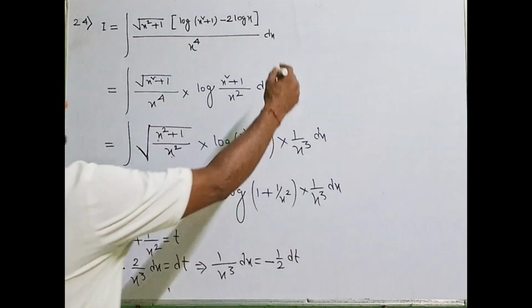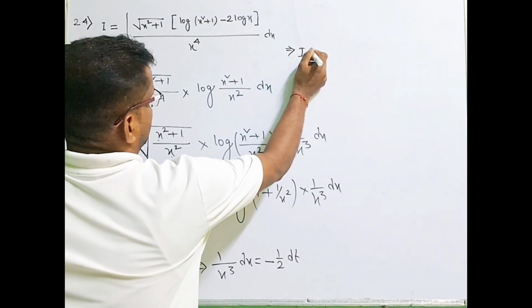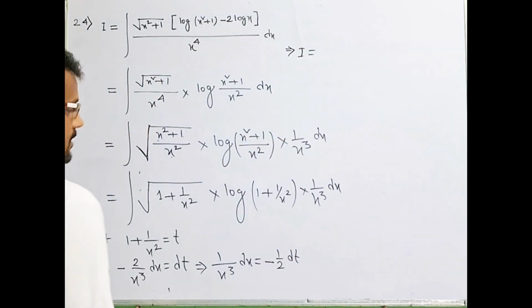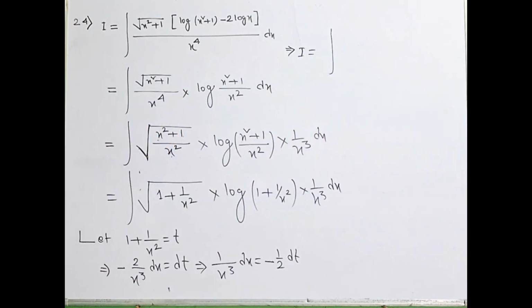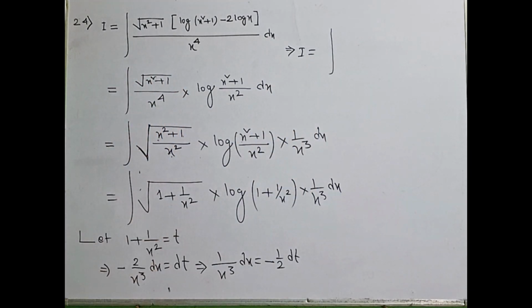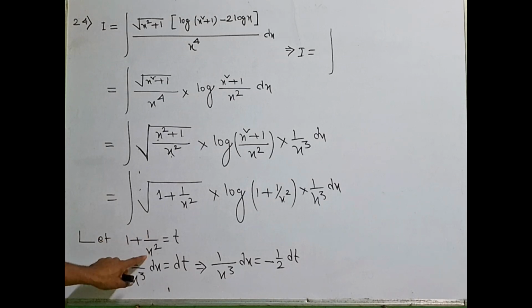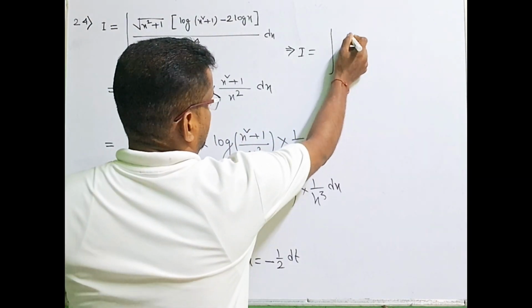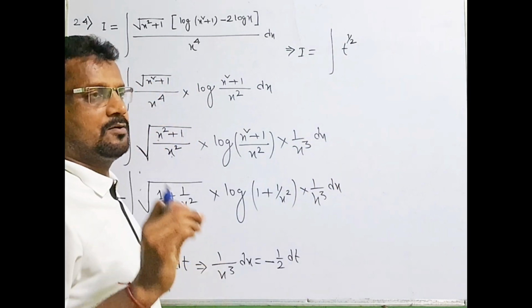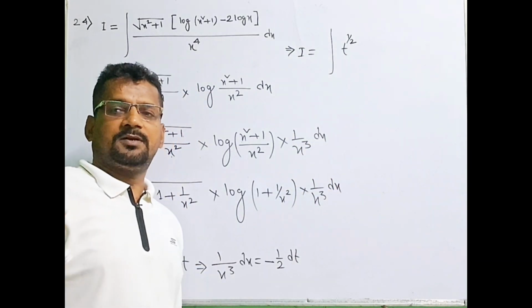Now put the values in I. This implies I equals, see, this is integration of root over 1 plus 1 by x square, and 1 plus 1 by x square is what? t. So this is root over t. This is nothing but t to the power half, because root over t in exponential form is t to the power half.